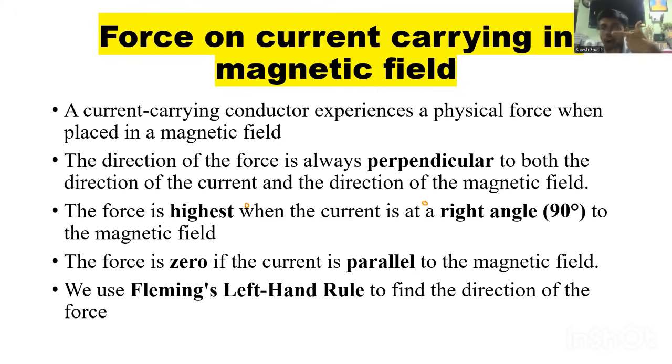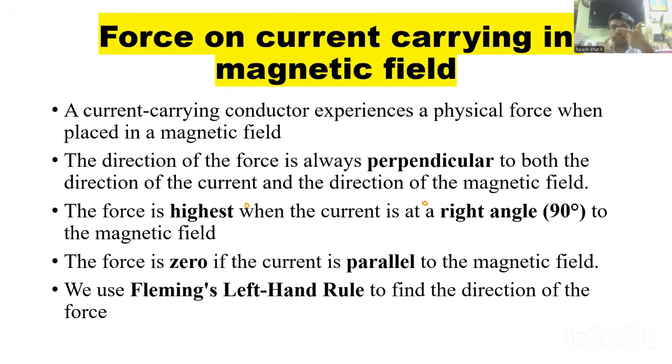Take the left hand, make sure that all the fingers are mutually perpendicular, 90 degree, 90 degree, 90 degree. Only when they're perpendicular, the force is highest. Listen, the force is highest when the angle between the current and magnetic field is 90 degree.